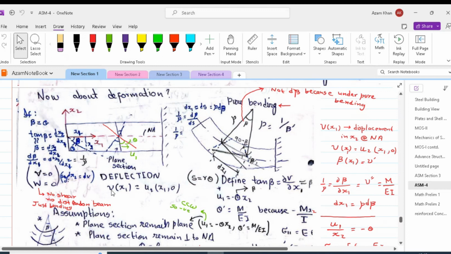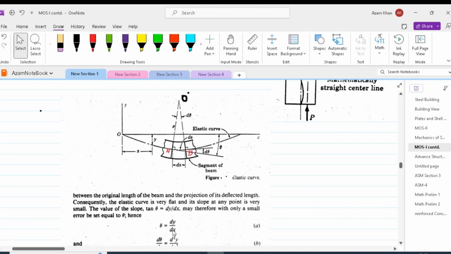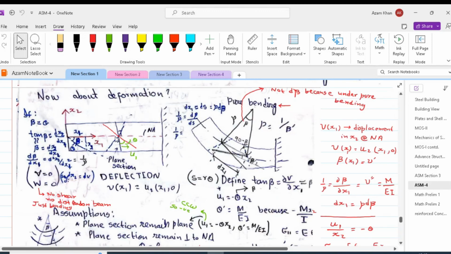If we differentiate v with respect to x1, we should get tan beta. As we discussed, tan theta was equal to dy by dx. So in the current case, if our vertical deflection is v, then differentiating that with respect to the horizontal axis, which is x1, we should get tan beta, and that is approximately equal to beta. Thus, beta is equal to partial v by partial x1, or v dash is equal to beta at any point in x1.